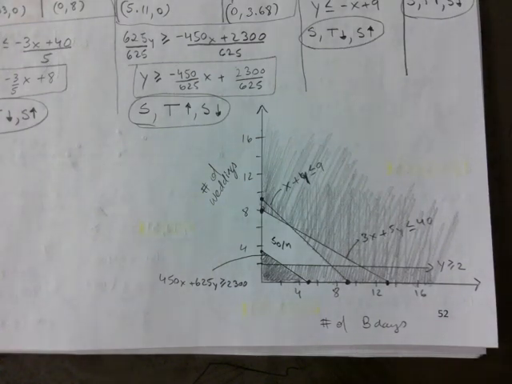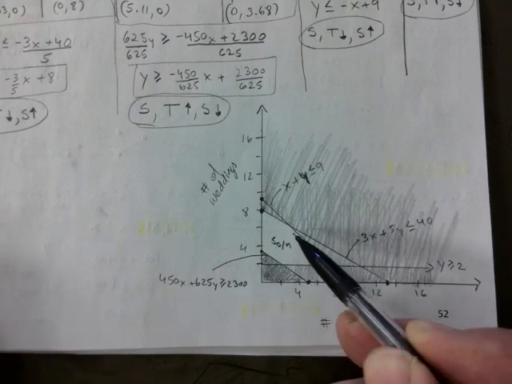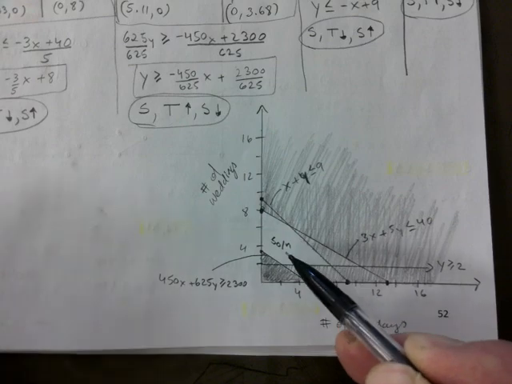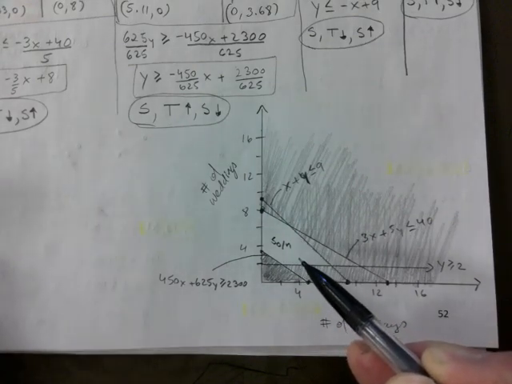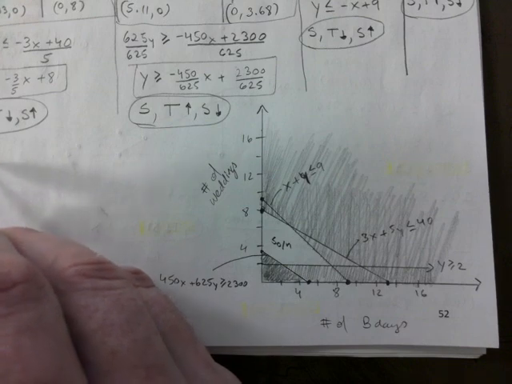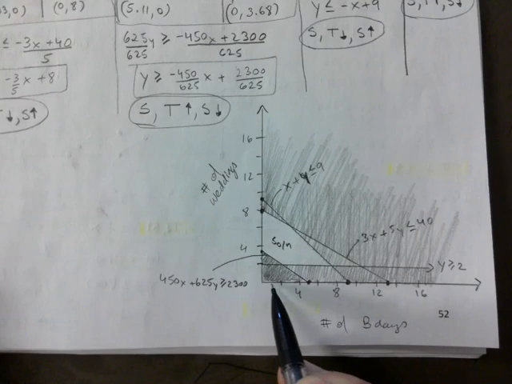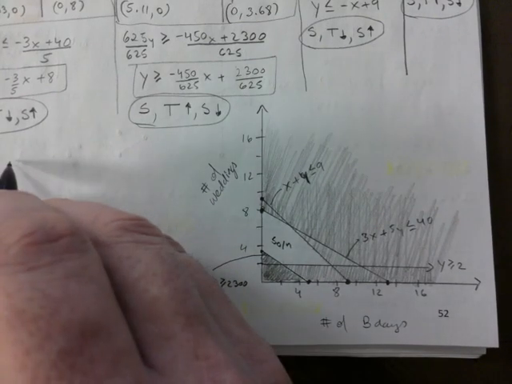Okay. So there you have it. We graphed all possible solutions, guys. They're found in here. Anywhere in here is a possible solution, as well as the corner points. So let's state a possible solution. I'm going to pick 2, 4. That's for sure in there.